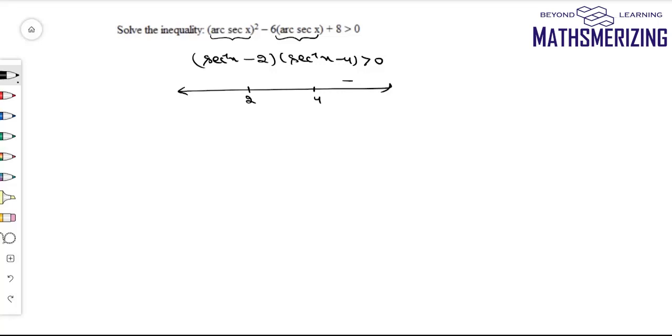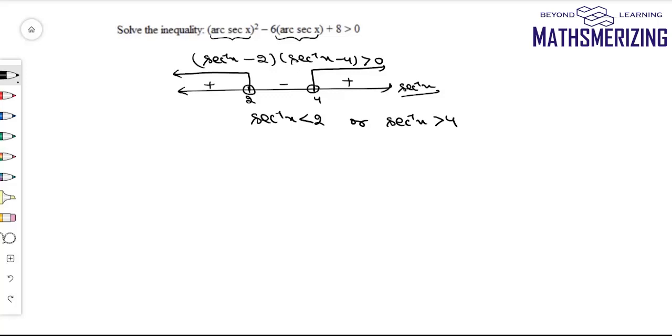Sign of the rightmost is plus, so plus, minus, and then plus. This actually is secant inverse of x. Greater than 0 is positive, so either it is less than 2 or greater than 4. So the condition I'll get is either secant inverse of x is less than 2 or secant inverse of x is greater than 4.